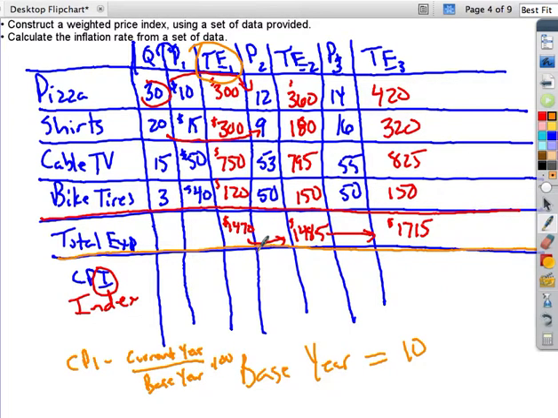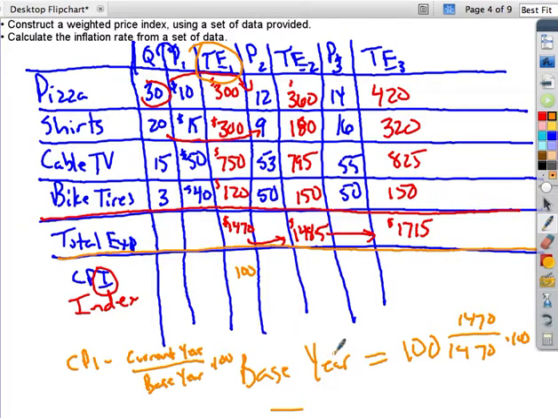Okay, and so if you look at the CPI in the first year, you can see that you are really just dividing that number by itself. So if we would take 1470, the current year that we're looking at, divided by 1470, which is the base year, times 100, you're going to get the value of 100. So that's why the base year is always equal to 100.